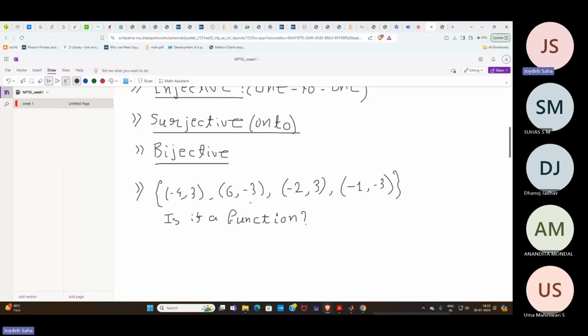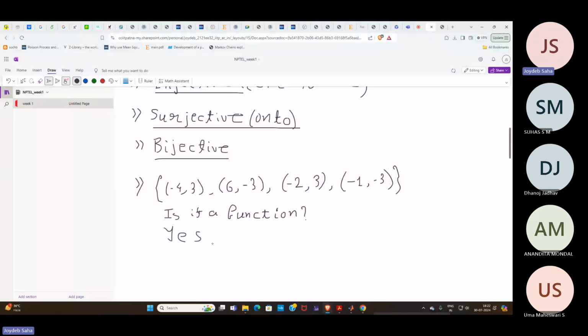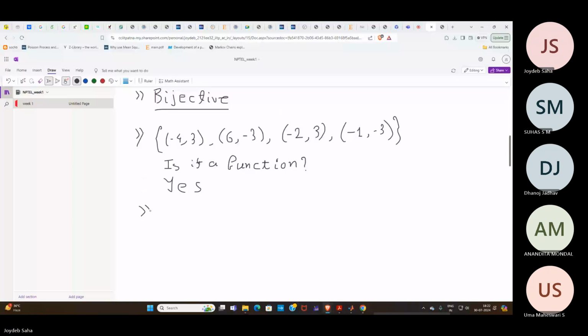If 6 is the input, 3 is the output. If -2 is the input, 3 is the output. And if 1 is the input, -3 is the output. So if this is the relation, the answer is yes.